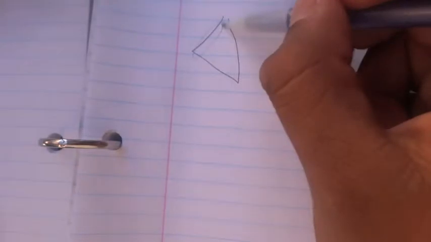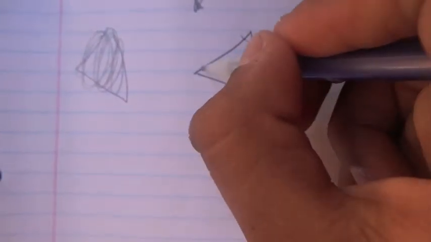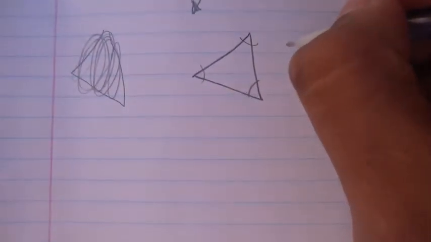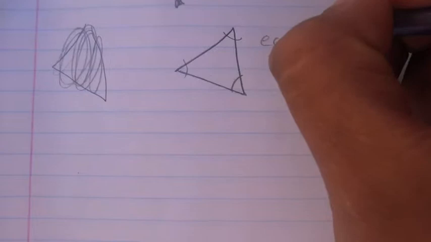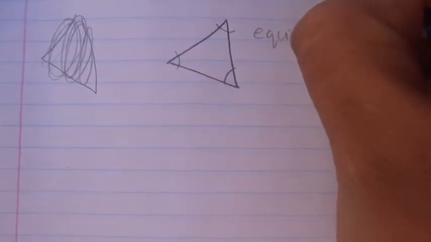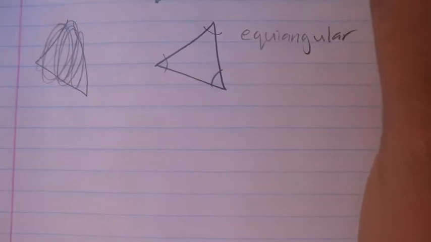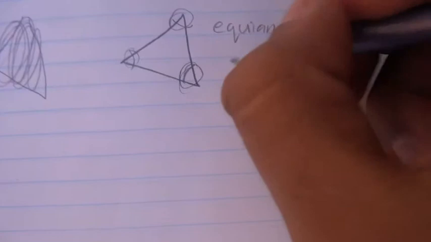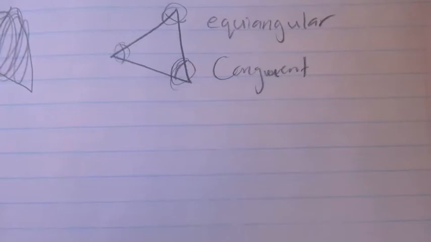And now off to triangles. This triangle here is going to be an equiangular triangle, which means all angles are congruent.